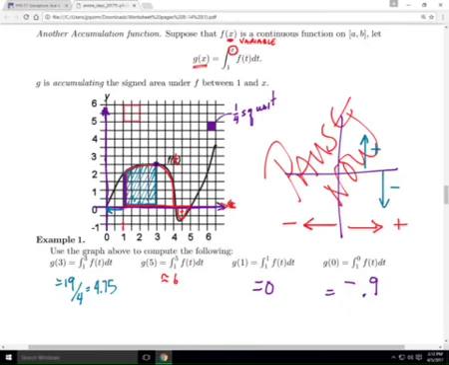So let's look back at our function. We find x equals 3. We look at the output value of the function here. That ends up being 2.5. So that tells us for our derivative of g at 3, the answer better be 2.5.